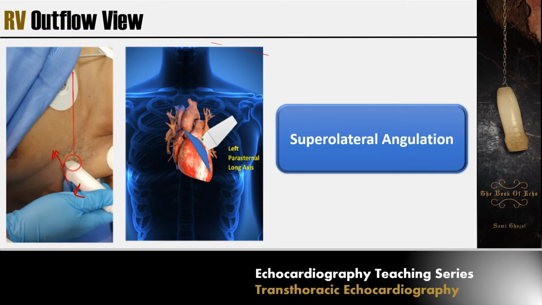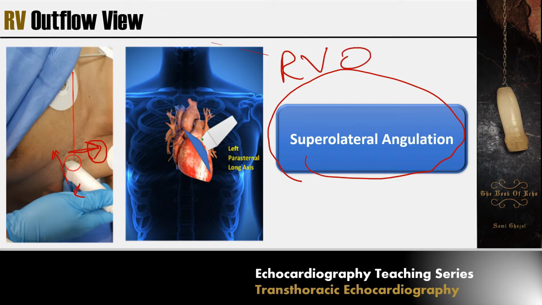So the beam here will go into this direction. So this is superior lateral angulation, which will give us the RV outflow now. It's not the inflow any longer. It's the RV outflow.